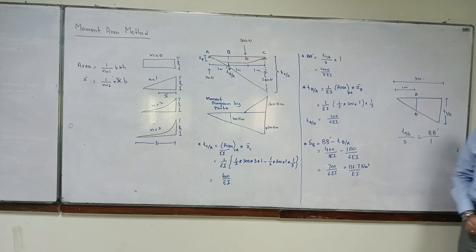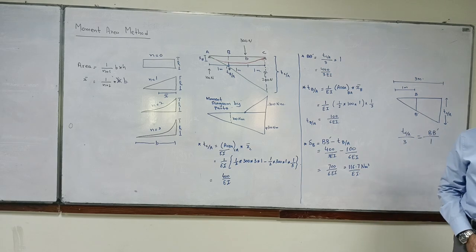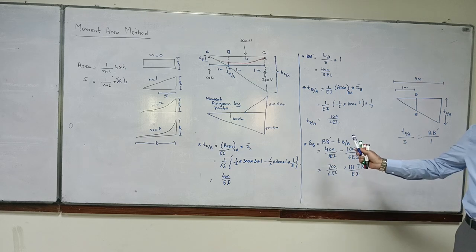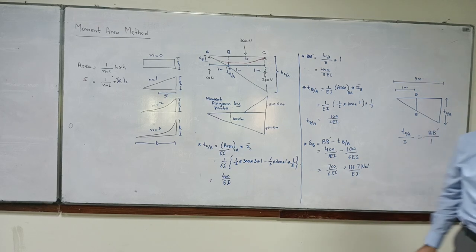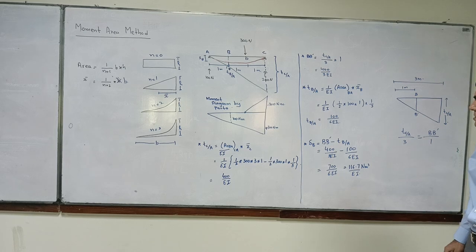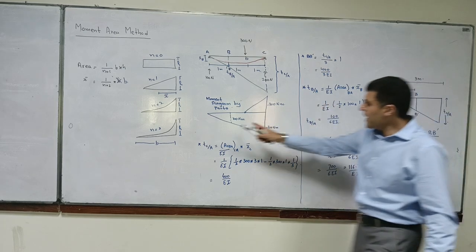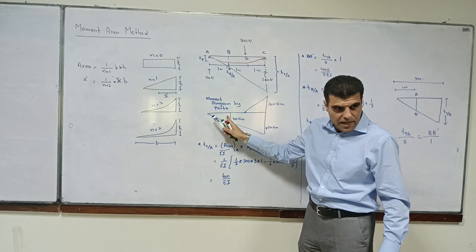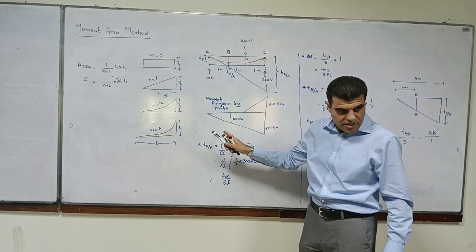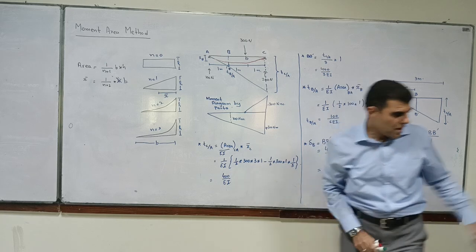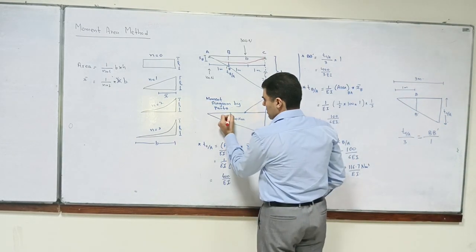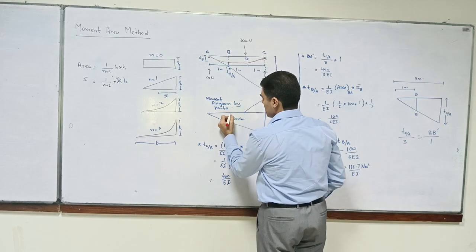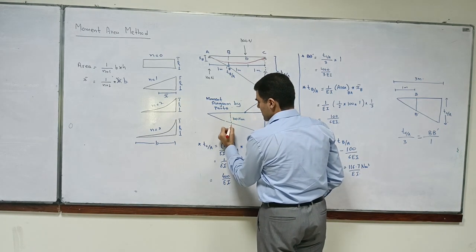Shall I rub it off? Sir, what is XB and DB by 1 by 3? TB by A is this one. So XB is 1 by 3, isn't it? From which point to which point? This is your maximum magnitude.